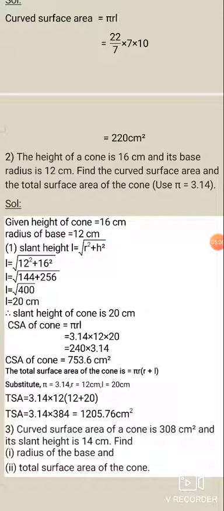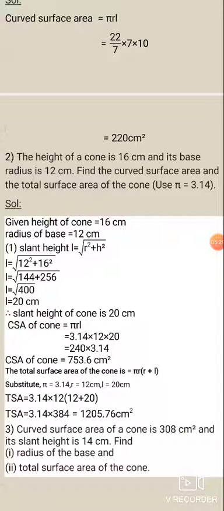Now 3.14 into 12 plus 20 is equal to 32. 32 into 12, 384. Now multiply it. At last we get 1205.76 centimeter square. Clear?